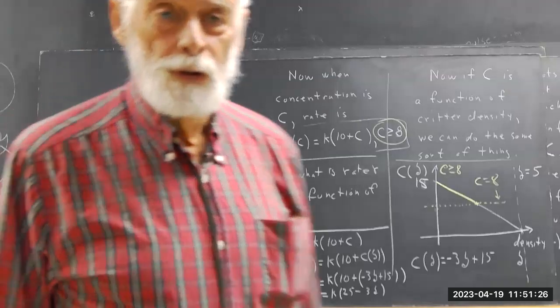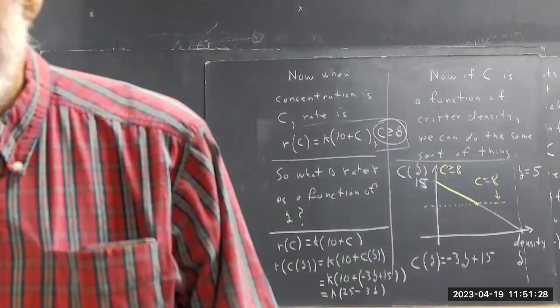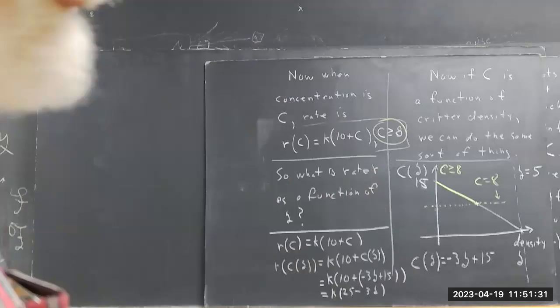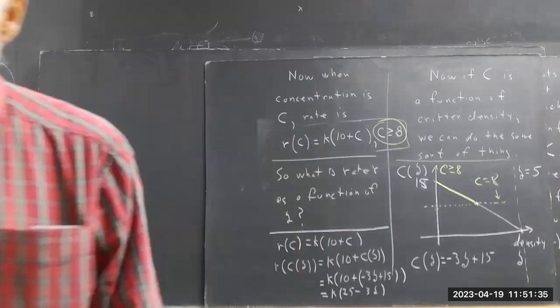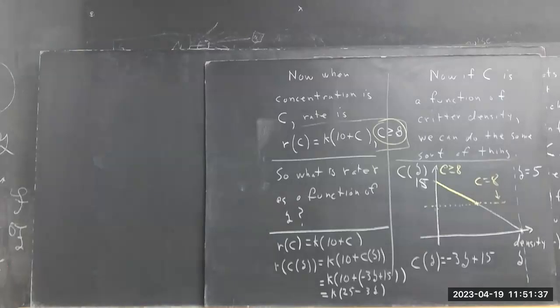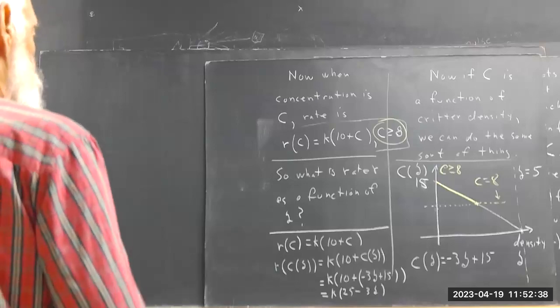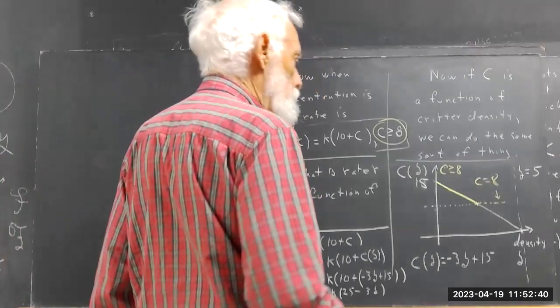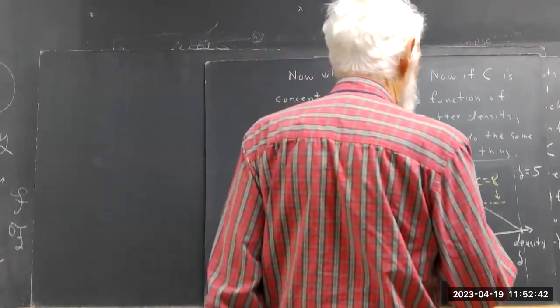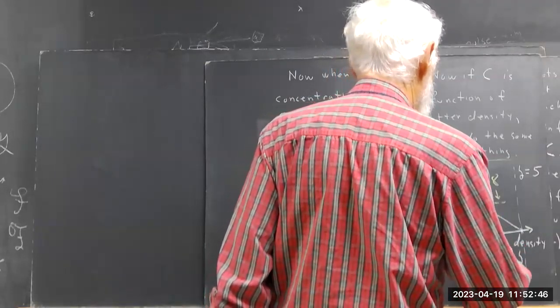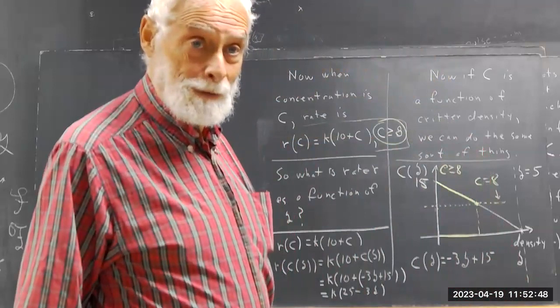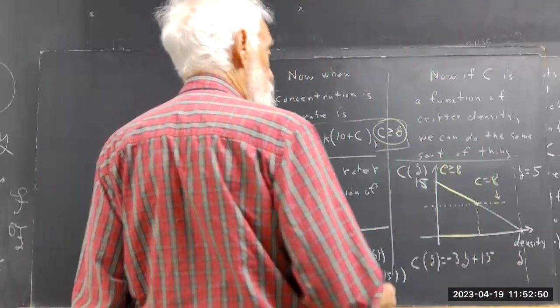Well, what can you say about delta if C is greater than or equal to 8? I'm going to let you see if you can state this. Okay, now, he said, well, you know, delta is going to be between here and here. So delta's got to be here.